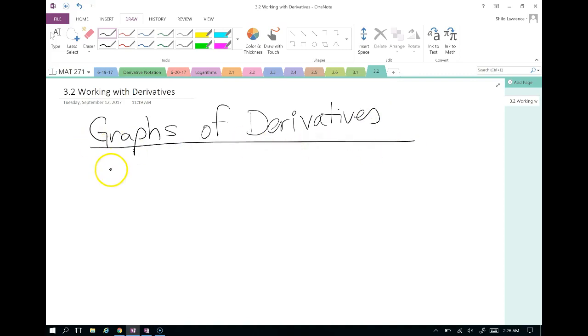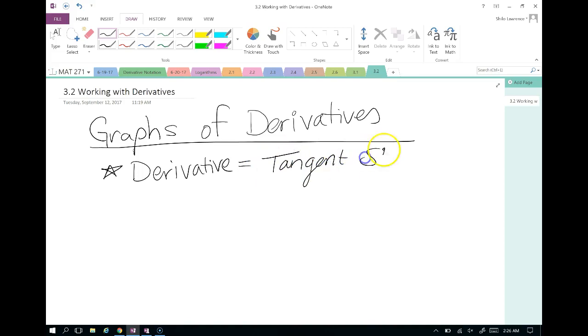So what we've talked about so far is that derivative equals tangent slope. And for the graph of a function, the tangent slope can be different at all the different points.